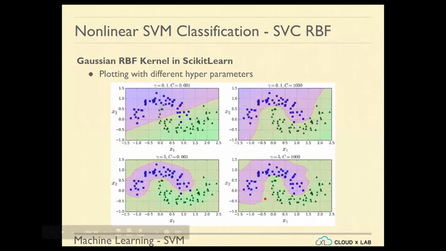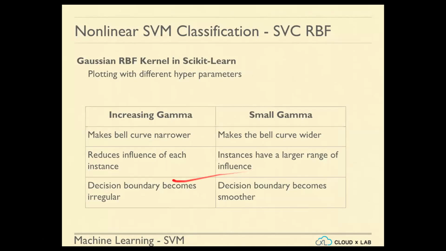That is clear. So basically these three things: it makes the bell curve narrower, and it reduces the influence of each instance.